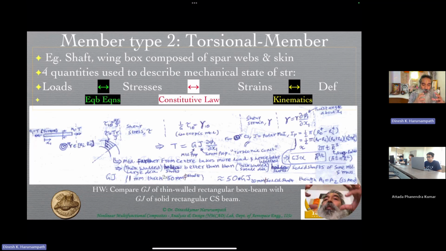So the same amount of material you're taking, instead of having a solid shaft like this, you are instead putting it as a thin-walled circular shaft like this, and therefore stretching the material out to a much larger radius. Then it's able to take much more torque. Why? Because the stress still is the maximum limit of the material.